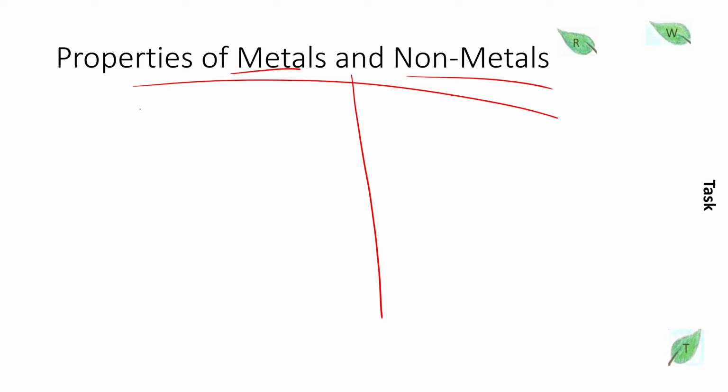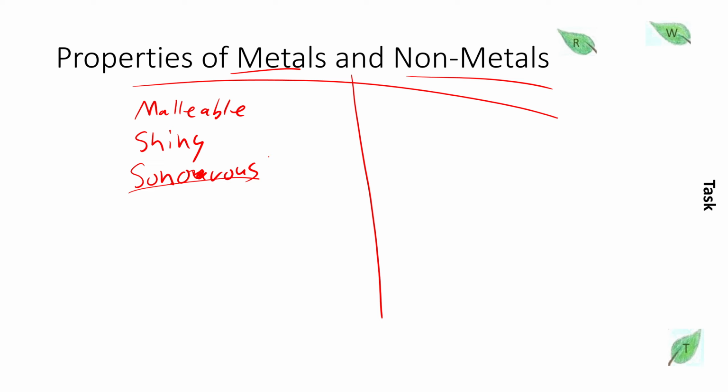We should know metals are malleable or bendy. They can be bent into shape. We should know they're shiny if they are clean. And we should know they're sonorous. That means they ring. I know you've seen people that play drums.